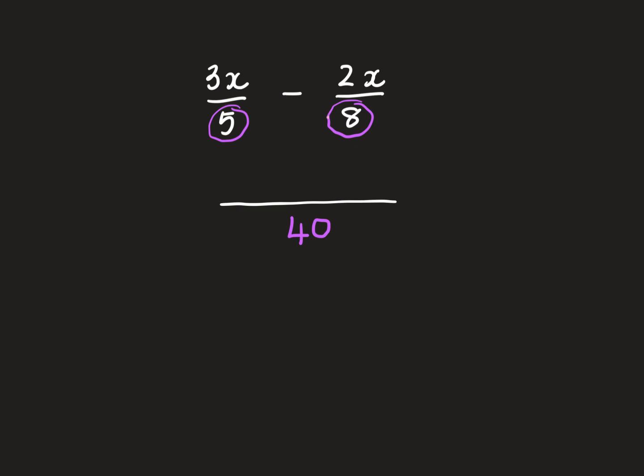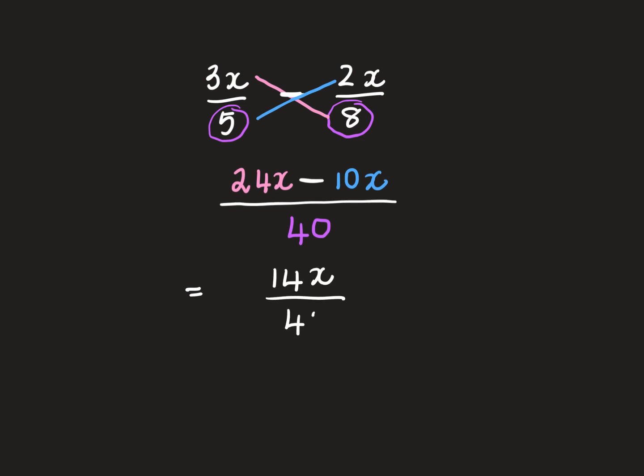Next thing I do, I say 8 times 3x. 3 8s are 24, so that's going to be 24x. Now I've got a minus here, so I'm just going to put it here. Minus, what do I've got next? 5 times 2x. That's going to make 10x. 24x minus 10x gives me 14x on the top and 40 on the bottom.